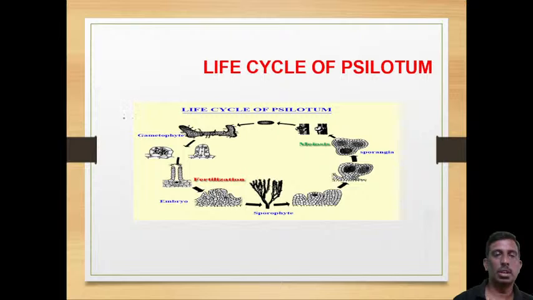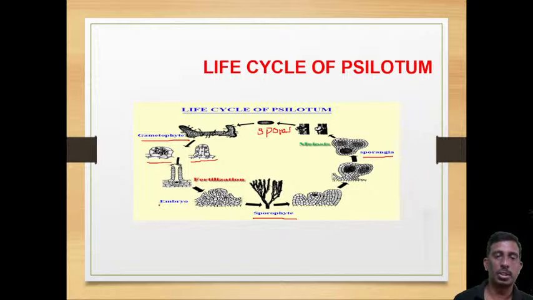And when you look into the life cycle of Xylophytum, the dominant stage is the sporophyte, in which sporangia are formed. Sporangia will form spores by meiosis, and these spores, when they fall in the soil, germinate and form the gametophyte. In the gametophyte, antheridium and archegonium are formed.